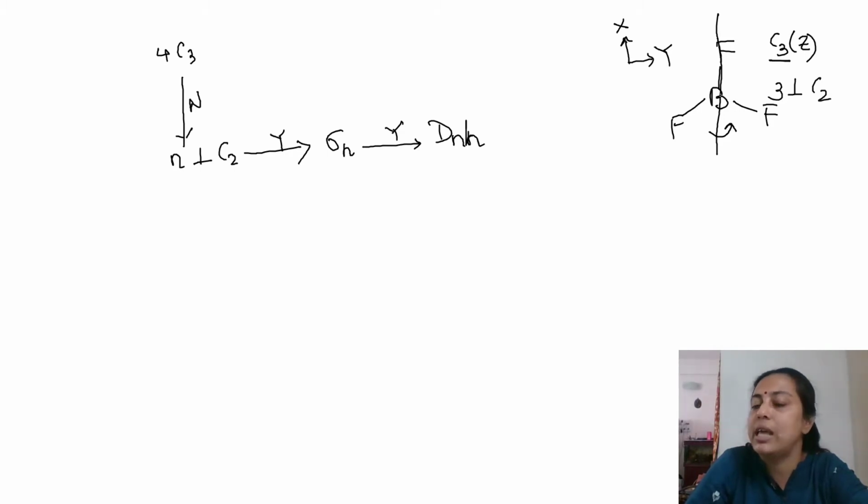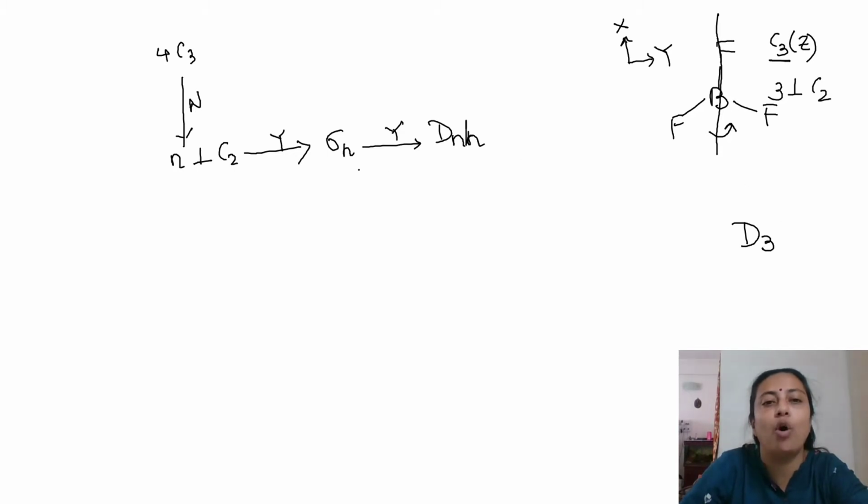This C2 is in the XY plane, so definitely it is perpendicular to the principal axis C3. If I get one perpendicular C2, then by the molecular symmetry we are going to get 3 perpendicular C2s. So the point group would be D, and the point group would be D3.